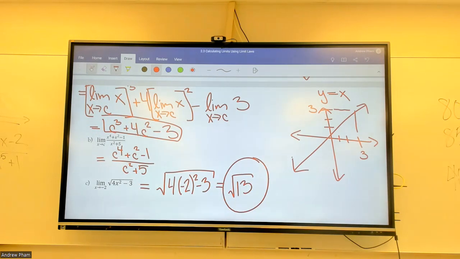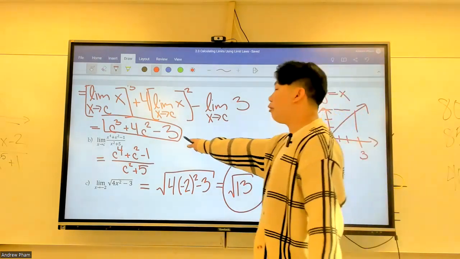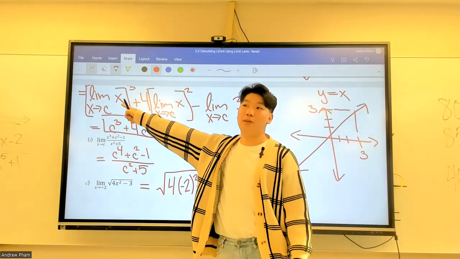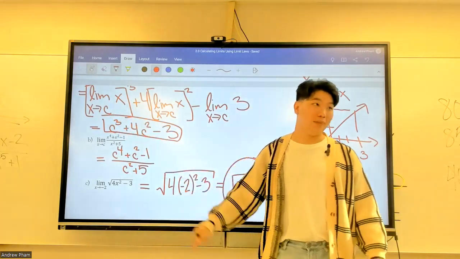So what I want y'all to take away from this example is that whenever I have a limit, if I can plug in the number and get something very clean and nice, then that's all we're doing. Because we know that any of these limits can be broken down individually into this basic limit here.